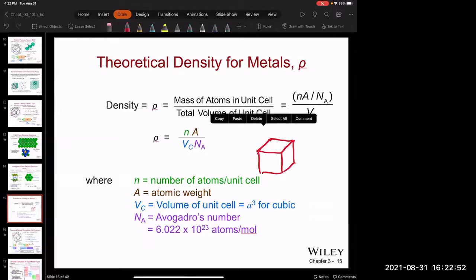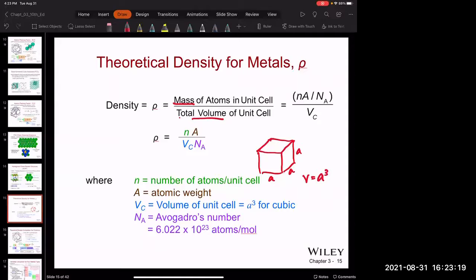And to find the density, density is defined by the mass over the volume, right? Mass over the volume. The volume is very simple. If you know the length of this, and if this is a cube, then the volume is simply a cubed, right?